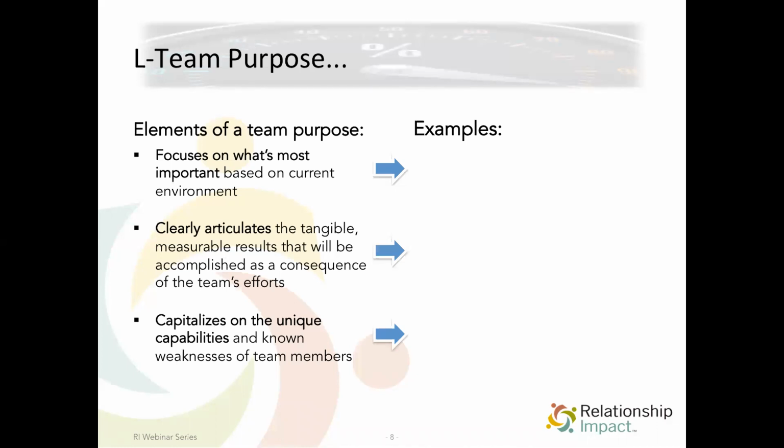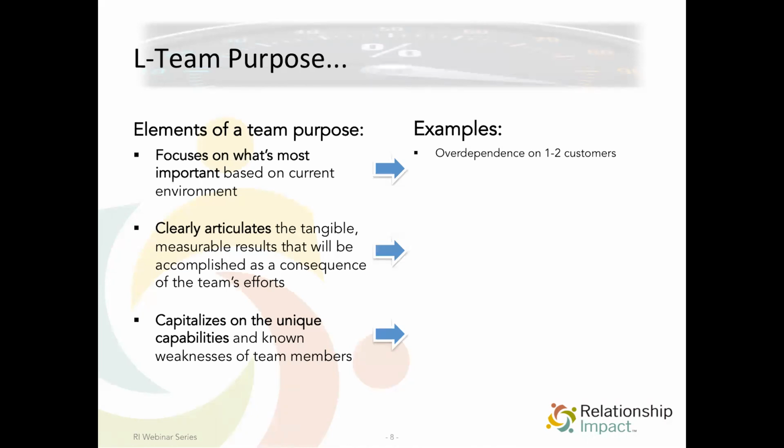So let's go through a couple of examples of what we're talking about in terms of team purpose. First, focusing on what's most important. For example, we worked recently with a professional services organization that had grown very dramatically over a 2-year period of time to about $75 million in revenue.